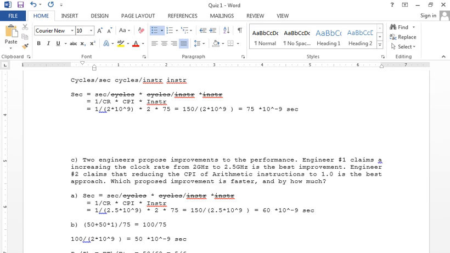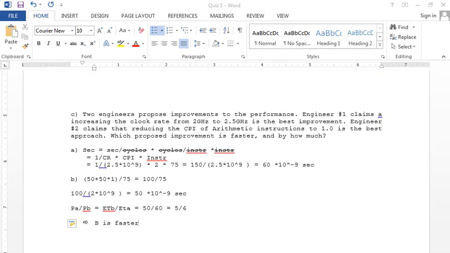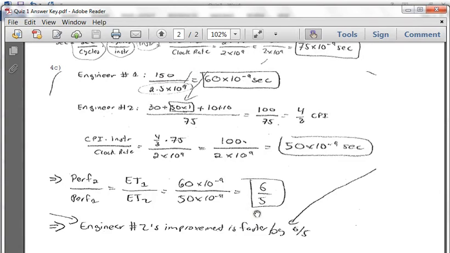Does that make sense now? All right. There you go. So this one, the only difference is I did performance 2 over performance 1 is execution time 1 over execution time 2. So I got the inversion there. And since it was greater than 1, that means the one in the denominator is better.